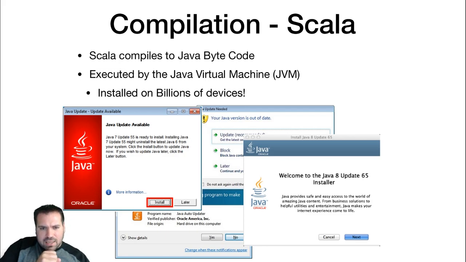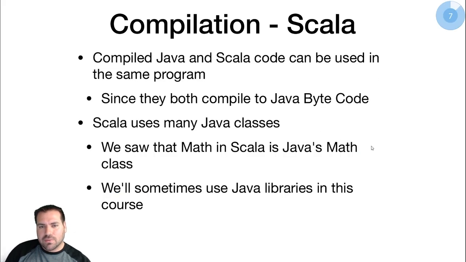But any computer that runs Java can run your Scala programs. And Java also compiles down to Java bytecode, of course. That's where its name comes from. So we can actually mix Java and Scala code in the same program.